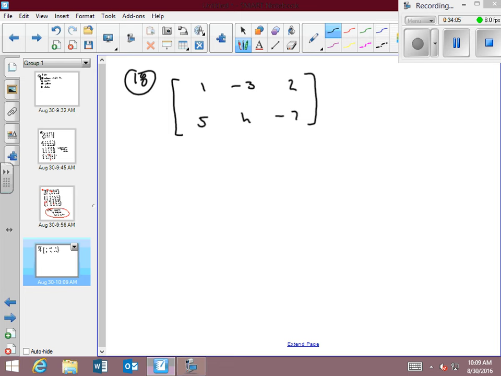So H cannot equal negative 15. If it were equal to negative 15, it would be an inconsistent set of equations, right? But if it's equal to anything other than negative 15, it's going to be consistent, and you're going to have a solution, right?